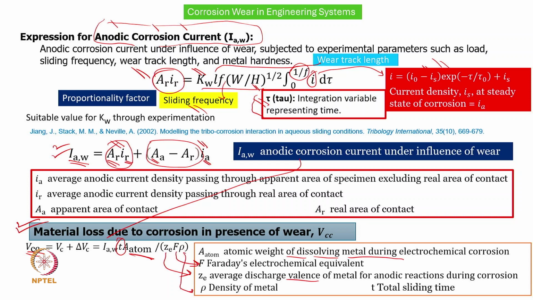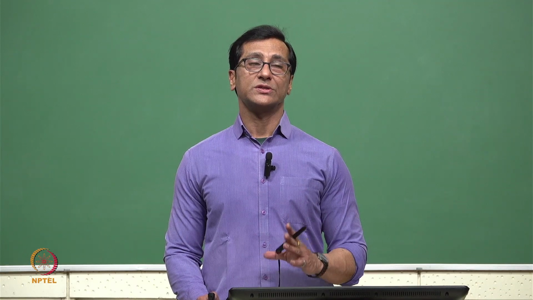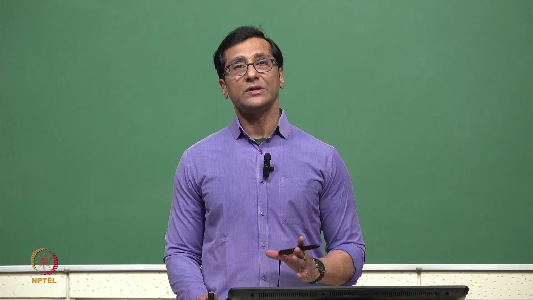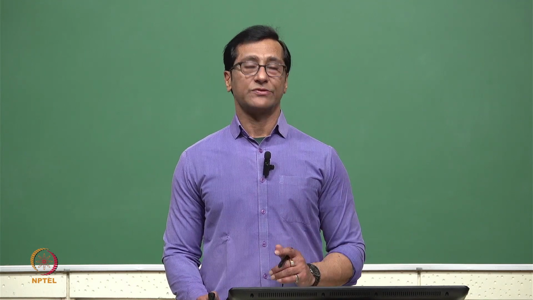D is the density of the material, rho. T, as I mentioned, is the total sliding time. It can be given as sliding distance. But the question comes, are these equations generalized? At least in the literature we have found, we don't find consistent results. So there is a difficulty.